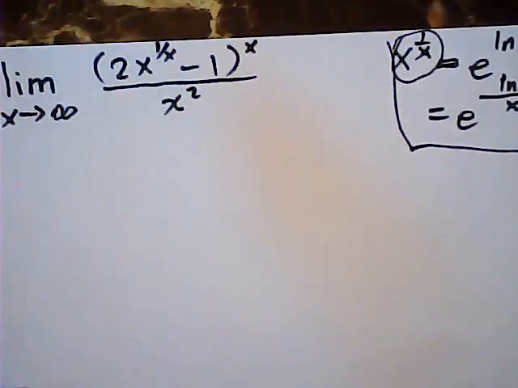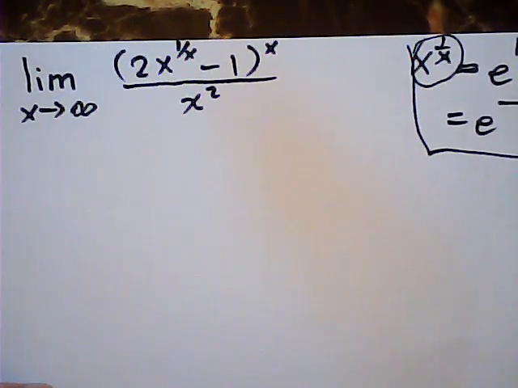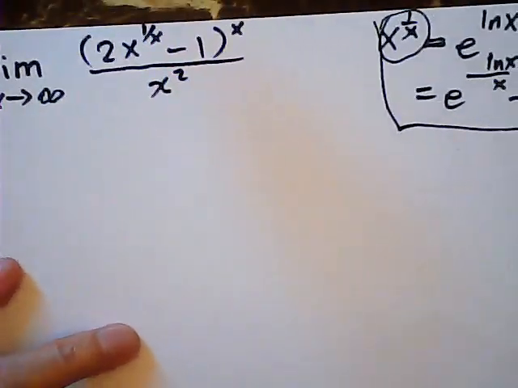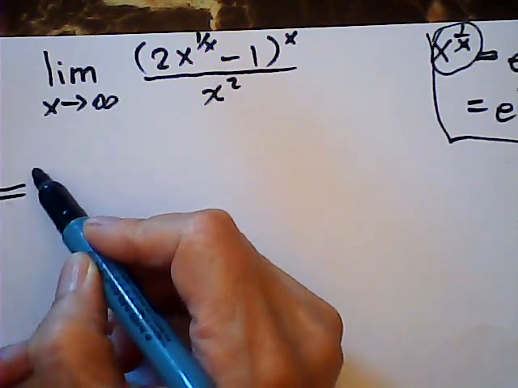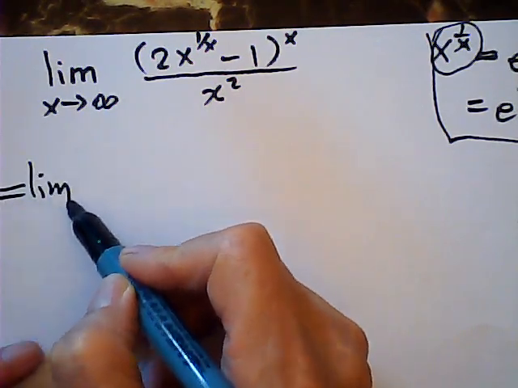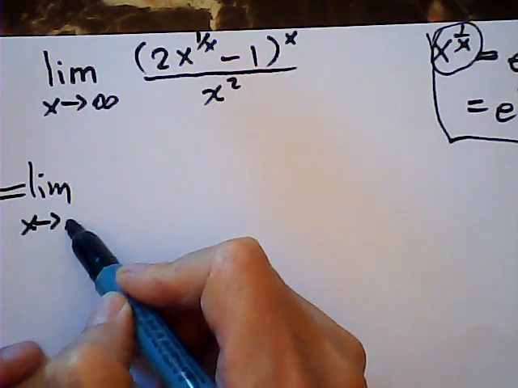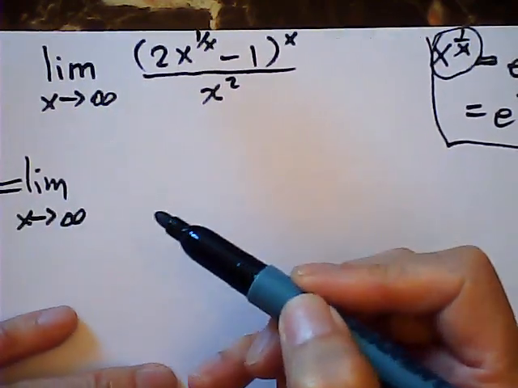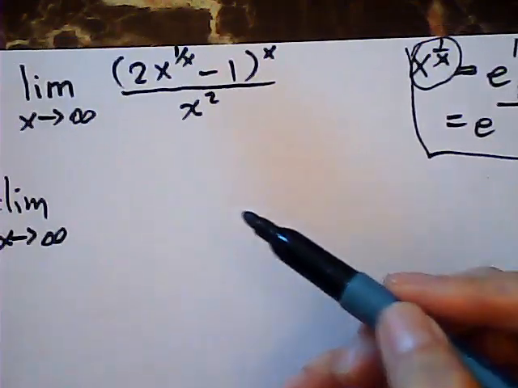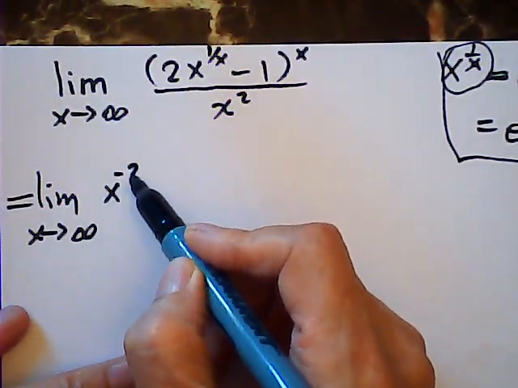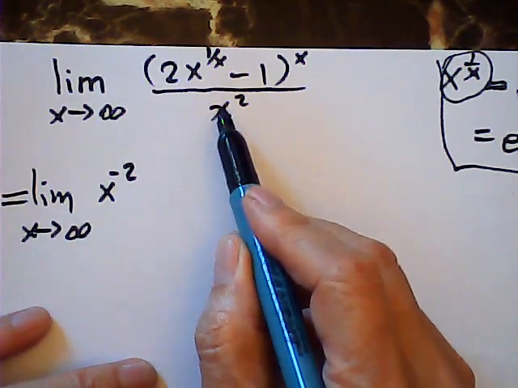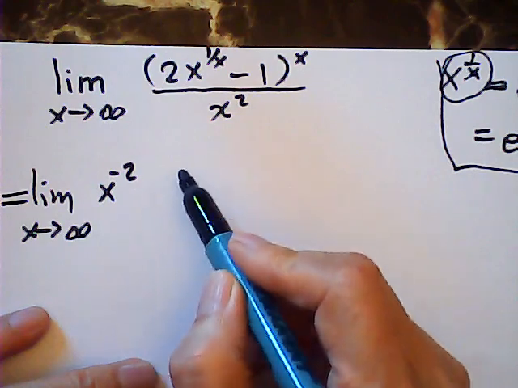Okay, then I try to use e for this limit. This one is equal to, as x goes to infinity, let me write slowly because this is not very easy, x to the negative 2. So this is out.